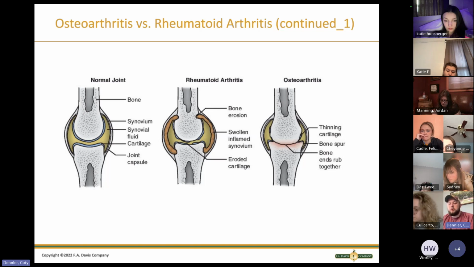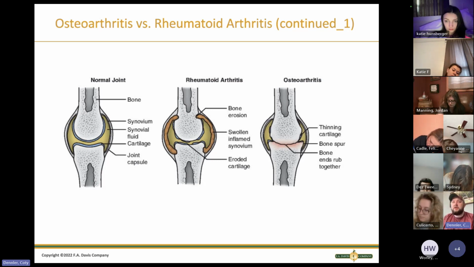Rheumatoid arthritis is more systemic, okay? It's your body like attacking itself more or less. The most common between these two, or between all types of arthritis, is osteoarthritis, okay? Or degenerative joint disease. Again, you may hear it called that. That is the most common. Rheumatoid arthritis is common, but it's not nearly as common as osteoarthritis.